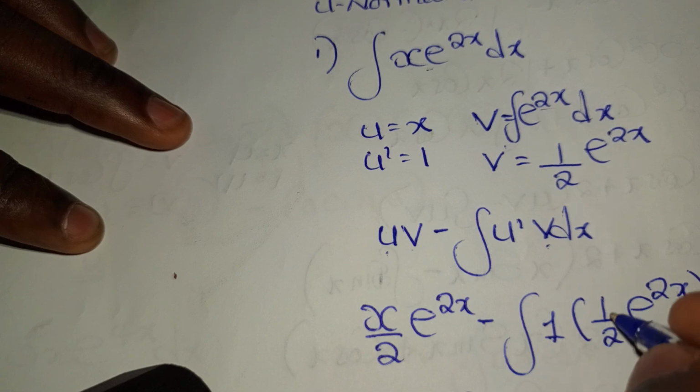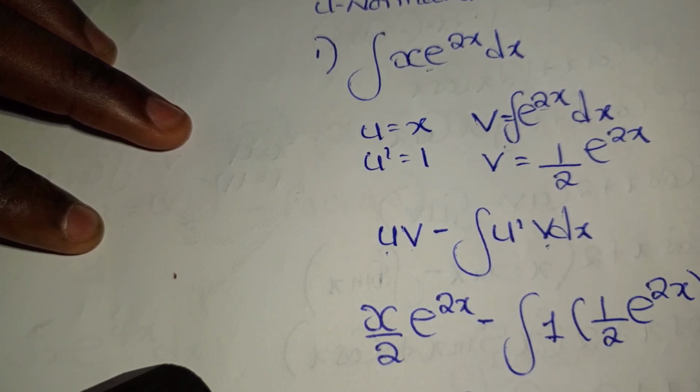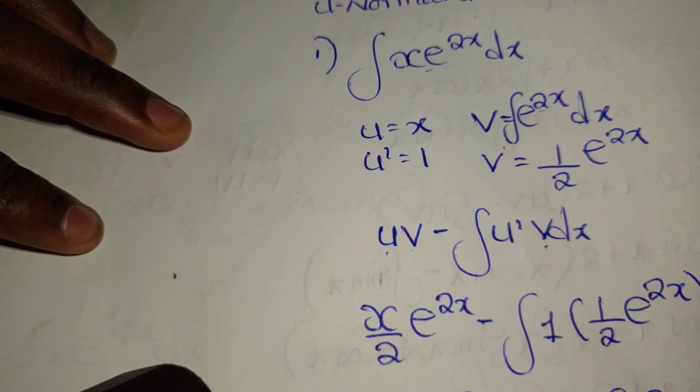Then from here we can bring this outside, where we will have negative 1 over 2, the integral of e to the power 2x.